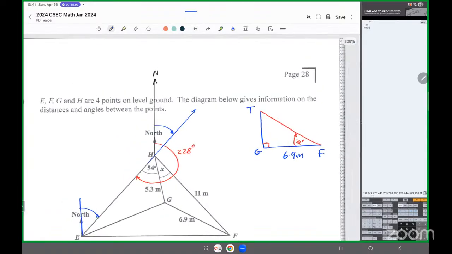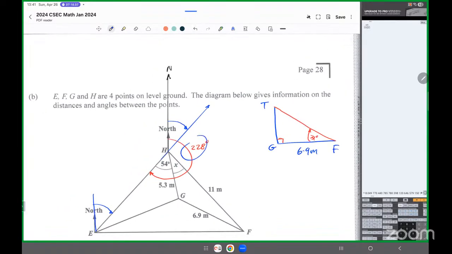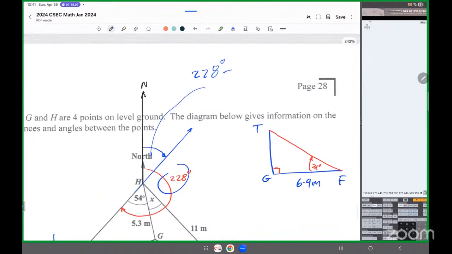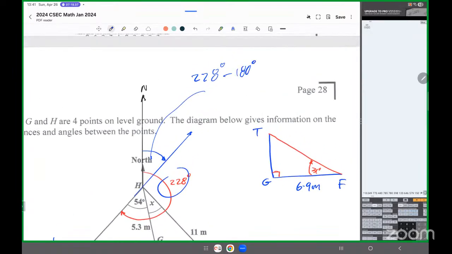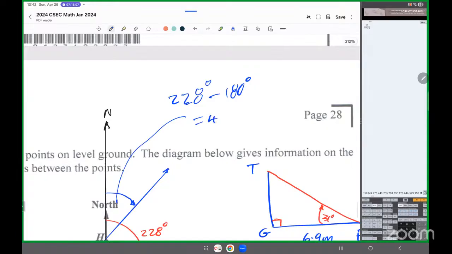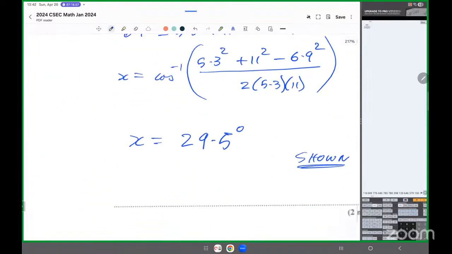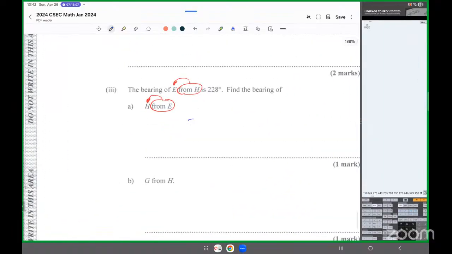So the bearing angle that I want becomes 228 minus 180, which equals 48 degrees. Because it's a bearing, I put a zero in front, so it's 3 digits.